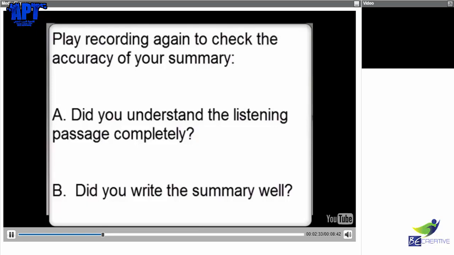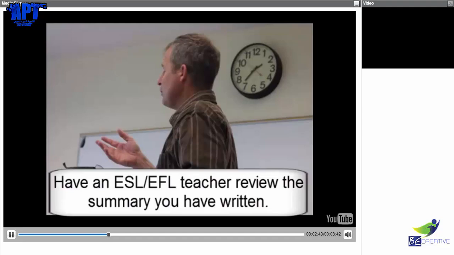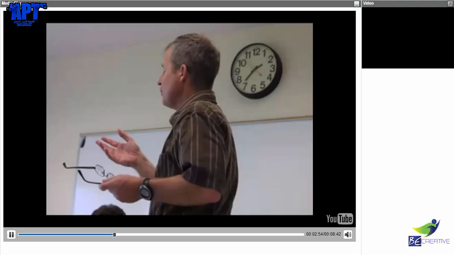Mark places where you're not sure if you've understood what was said, or if maybe you didn't express yourself as well as you want to. Now, if possible, ask your teacher to look over your summary to see if you have accurately understood and listened to the information, and if you're accurately expressing your idea in English.